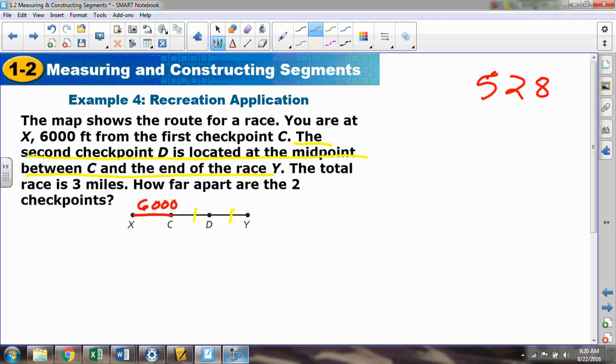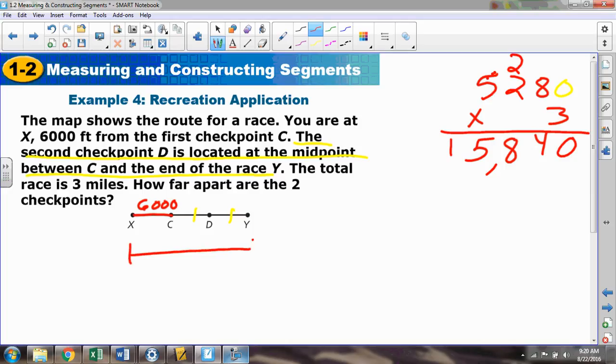And since there are 5,280 feet per mile, there are 15,840 feet in the total race. So the whole thing is 15,840. We're wondering, how far apart is that?